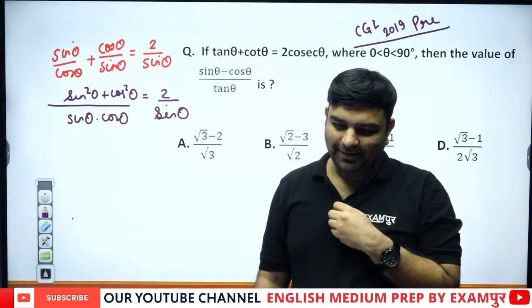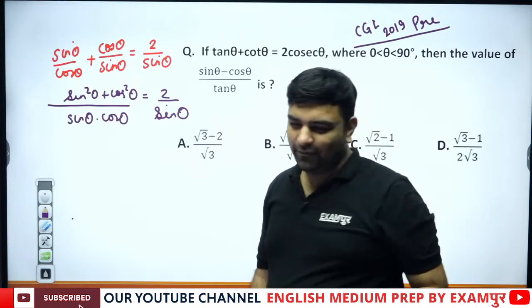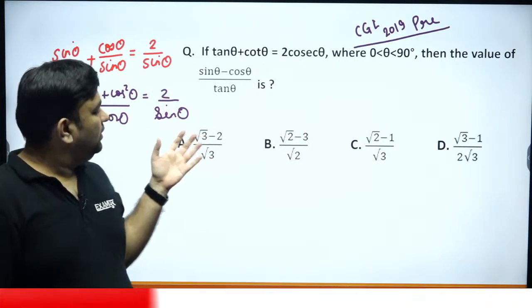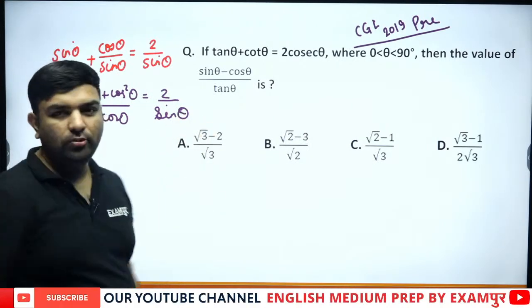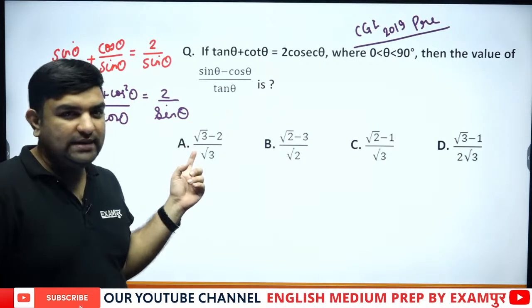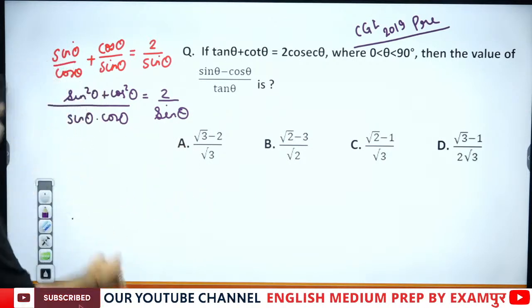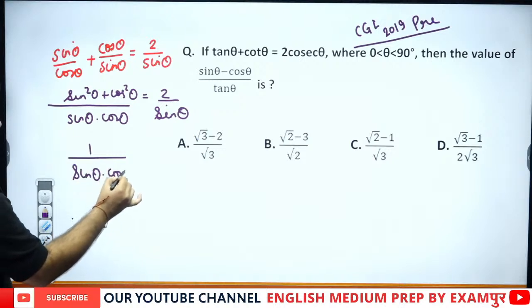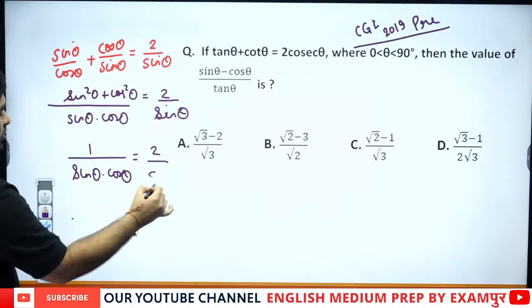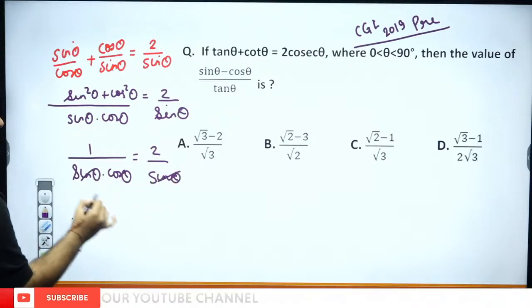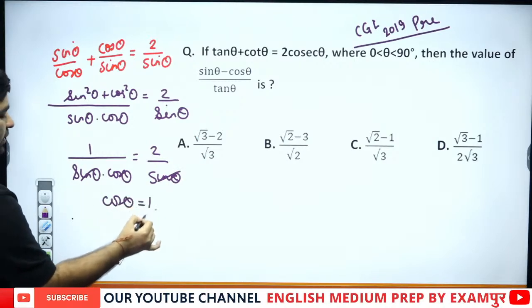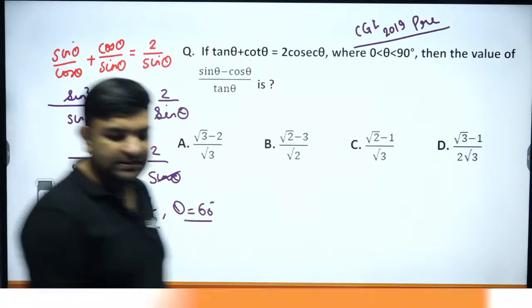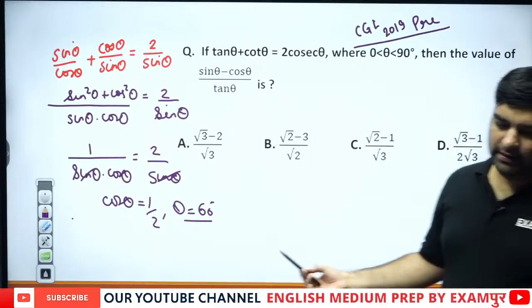So basically what is happening is this is getting simplified. 1 upon sine theta cos theta is equal to 2 upon sine theta. So cos theta is 1 by 2. Theta is 60 degrees.